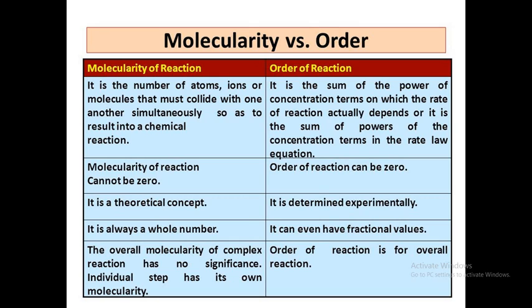You have already studied the SN1 and SN2 mechanisms in chapter 10, haloalkanes and haloarenes. In those reactions, you have studied about molecularity and order and their concepts. Applications of molecularity: unimolecular and bimolecular reactions.